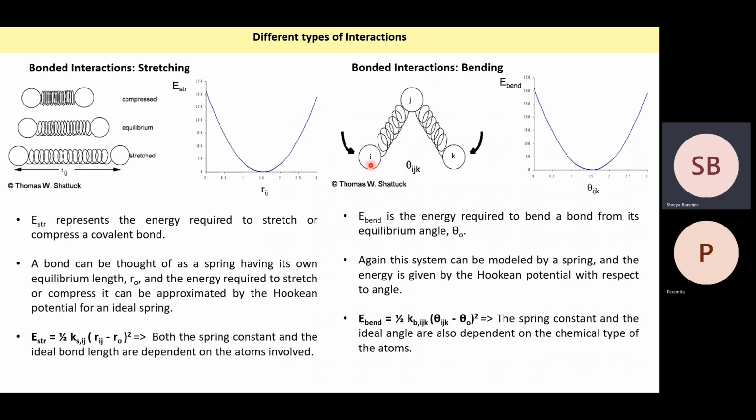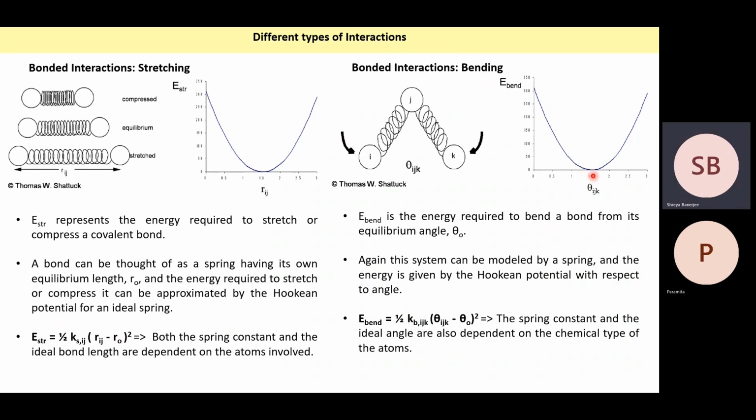The second kind of bonded interaction is called bending. If you have three atoms like I, J, and K, there are two bonds, IJ and JK. There is a certain equilibrium angle between the bonds which is the most stable. That equilibrium angle is called theta 0. Now, energy of bending is the energy required to bend the bond from its equilibrium angle.